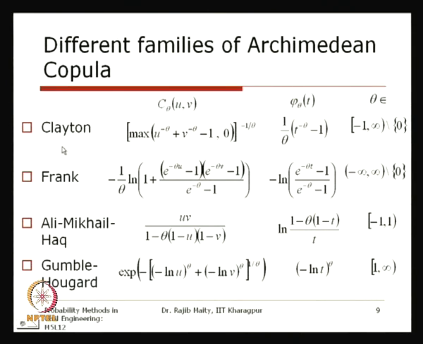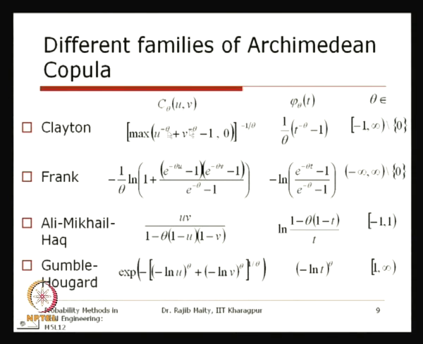The first one is the Clayton copula, for which the form is the maximum of u power minus theta plus v power minus theta minus 1, comma 0, all to the power minus 1 by theta. We discussed this a few minutes back.